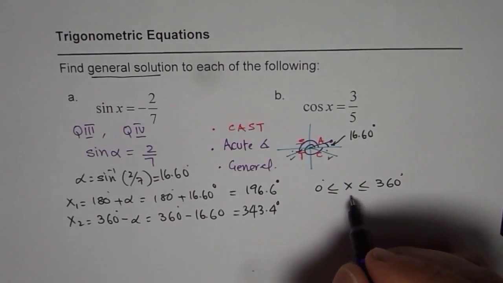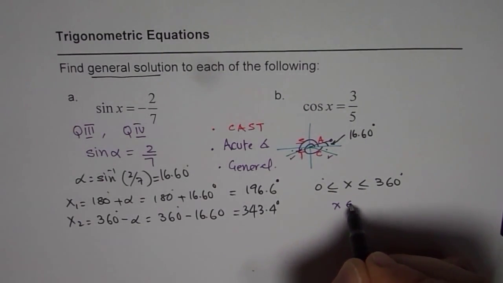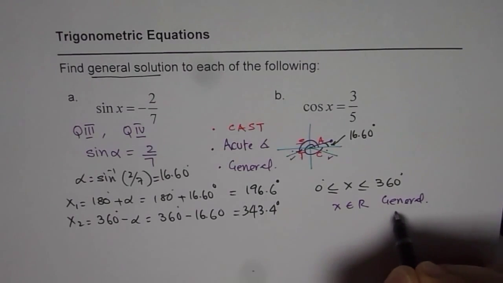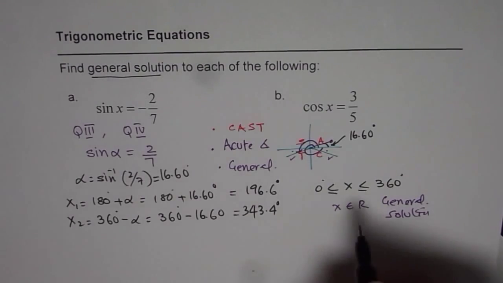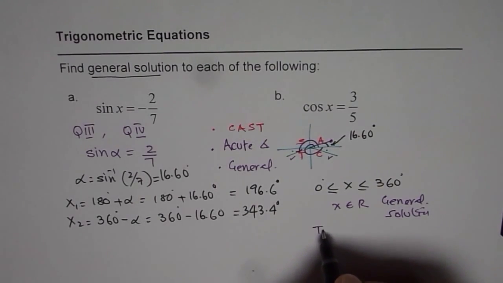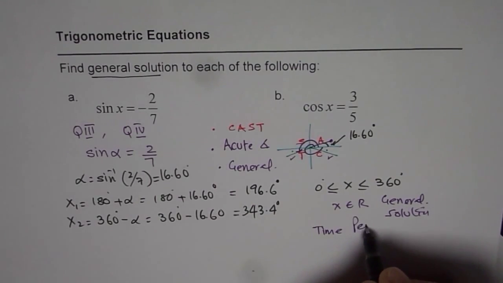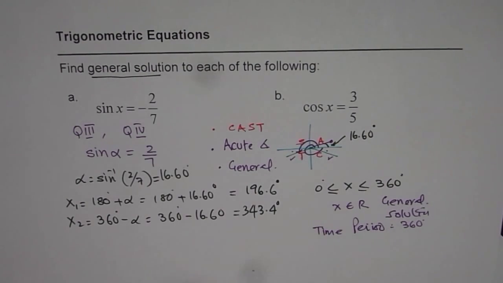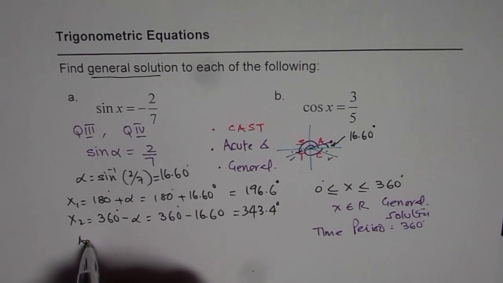General solution means that x belongs to the real numbers. That is what we mean by general solution. Since we know sine is periodic and the time period is 360 degrees, all these solutions are going to repeat after multiples of 360, and therefore we have two general solutions.